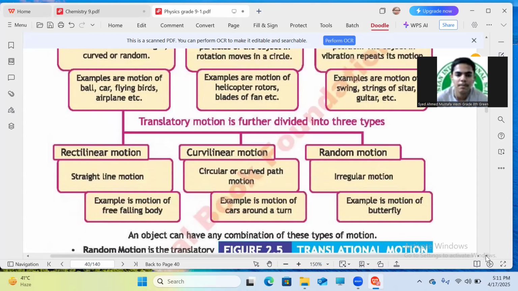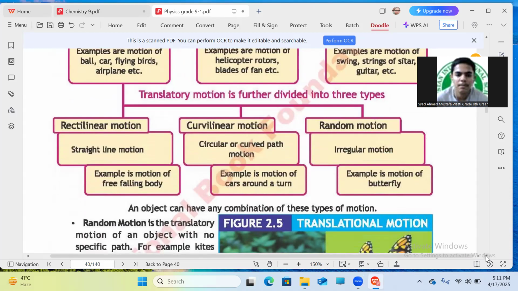We can give examples like, you should add, the first example is motion of a snake. The second one is motion of an earthworm. And the third one is motion of a spring.